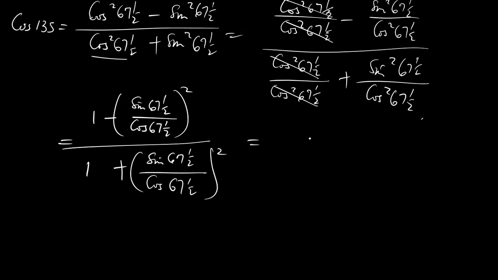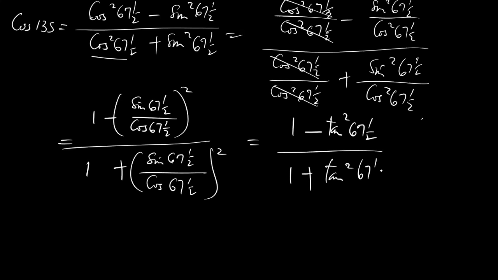So this is the same thing. Now we have 1 minus tan square 67.5, divided by 1 plus tan square 67.5.